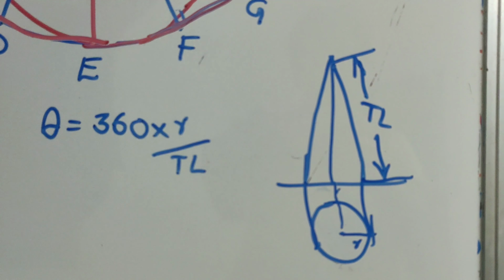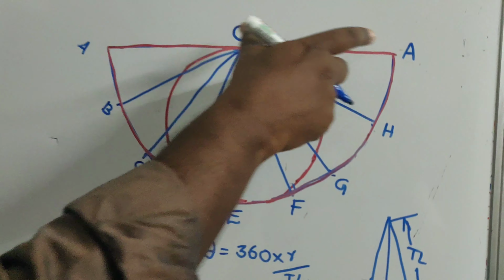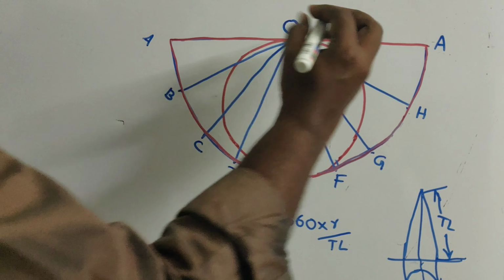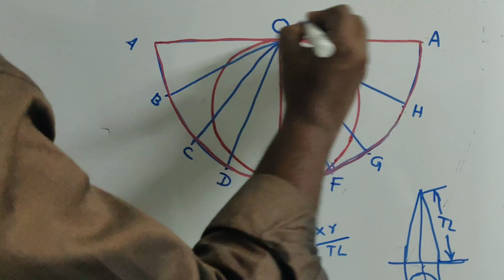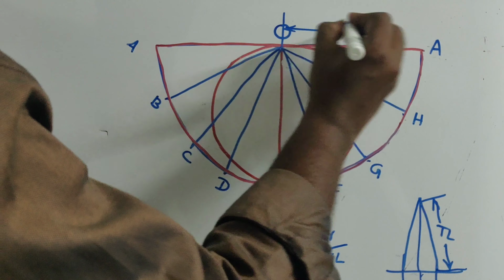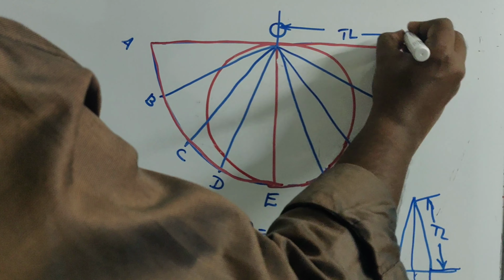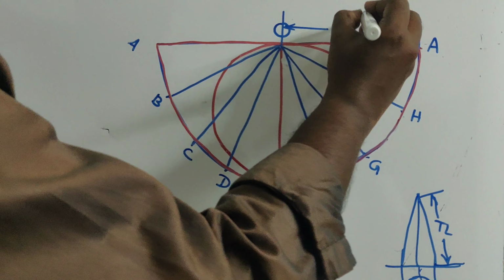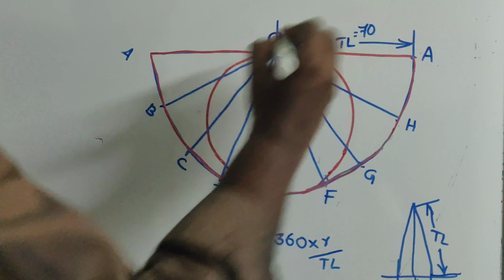Now what should be this length, O to A? O to A is exactly the true length. Now this is given as 70 mm in this problem.